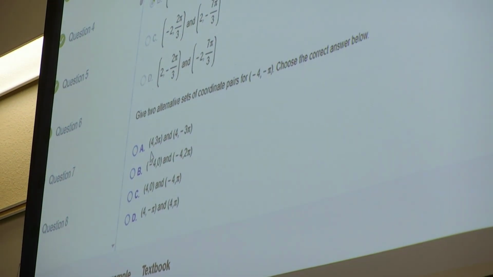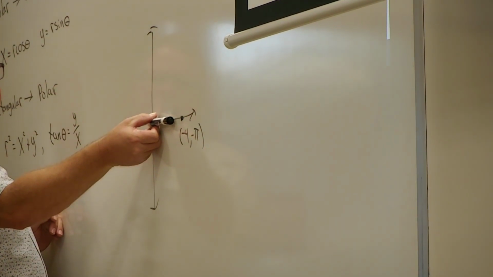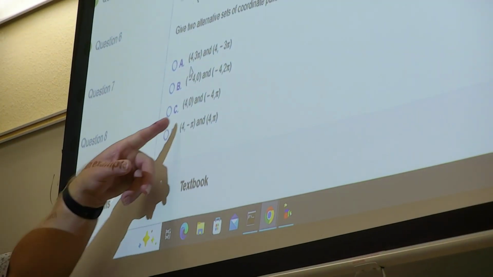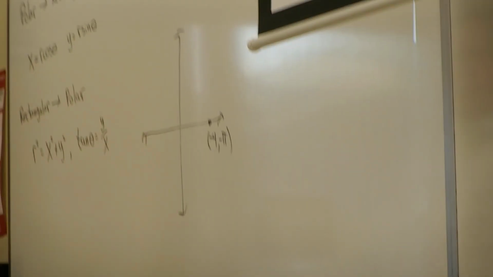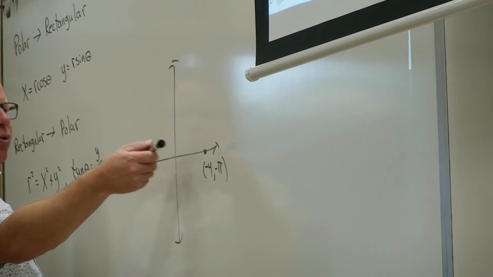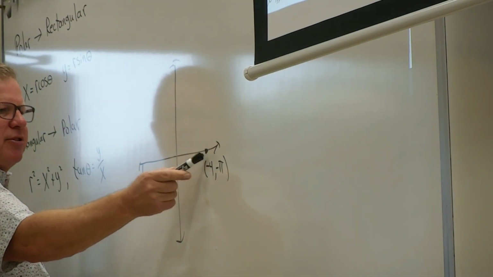B, negative 4, 0. 0 degrees of rotation is here. Negative 4 flips it over there. That's not a match. C, 4, 0. Again, 0 degrees of rotation or 0 radians of rotation puts us here. And 4 puts us there. So that does match.